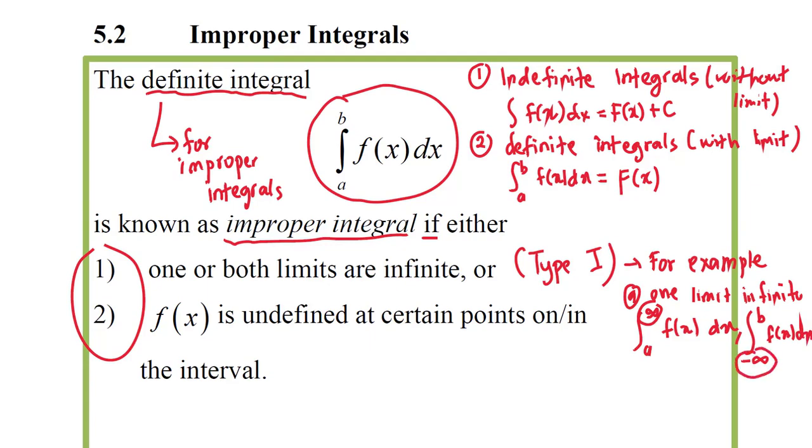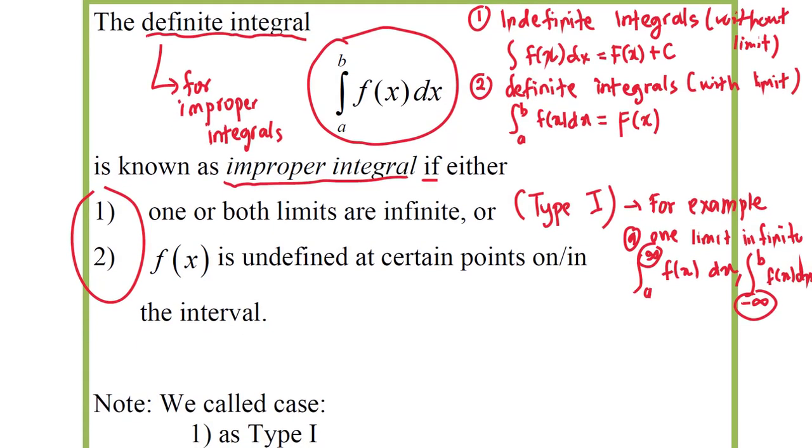You see this is negative infinity, so one limit is infinite. Or you have one more, where both limits are infinite, which is from negative infinity to infinity, integrate f(x) with respect to x. So this one we call type 1.